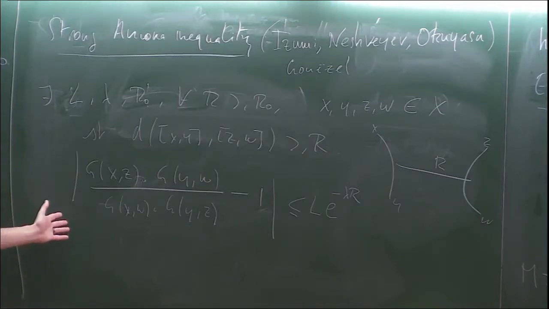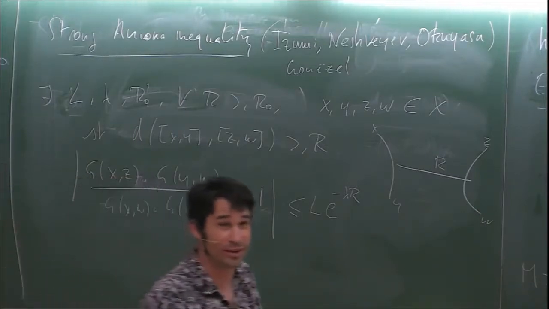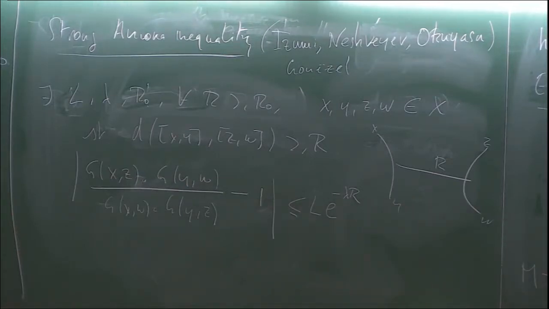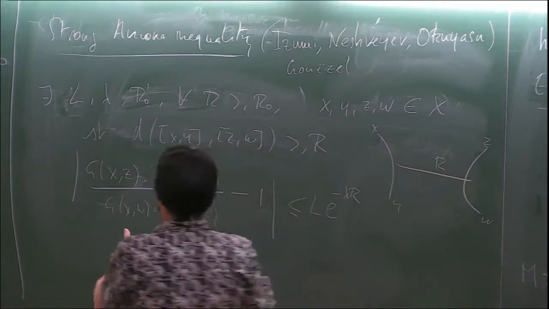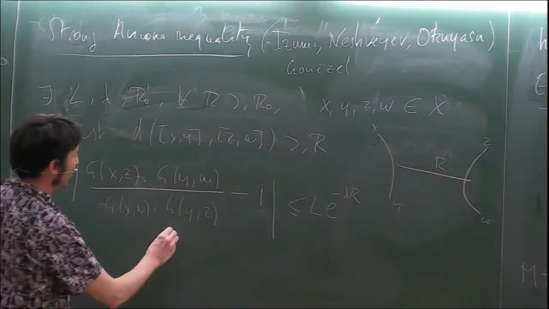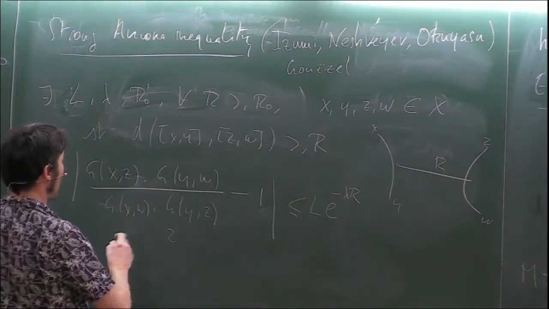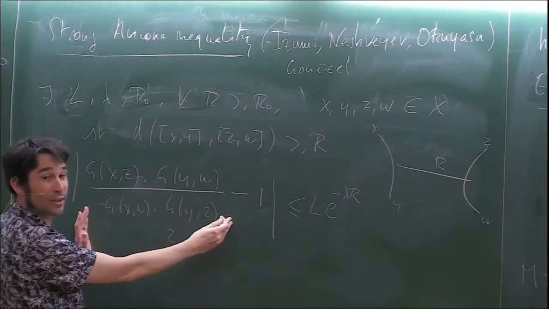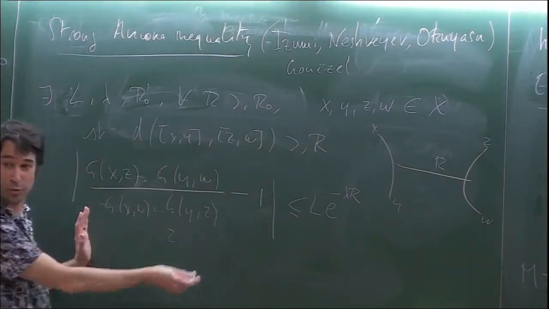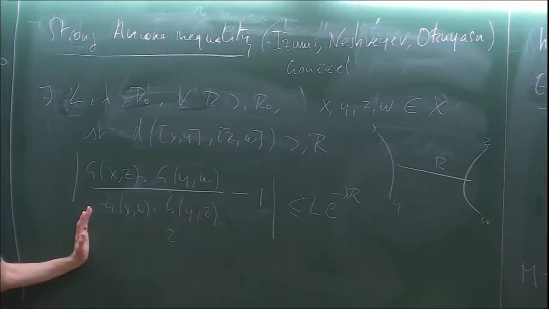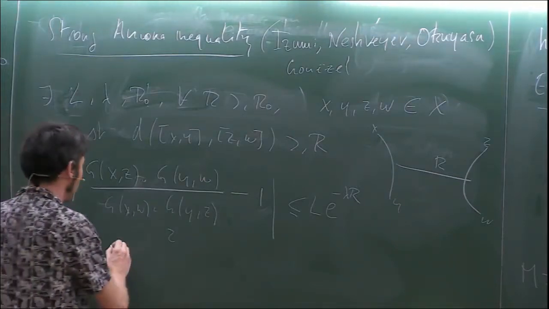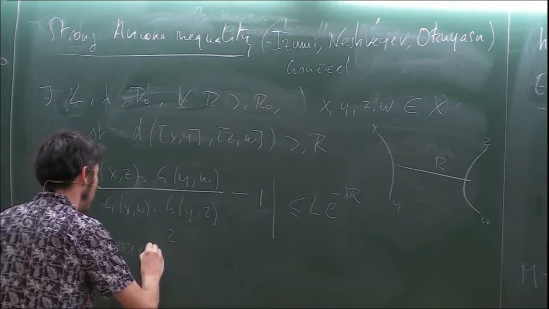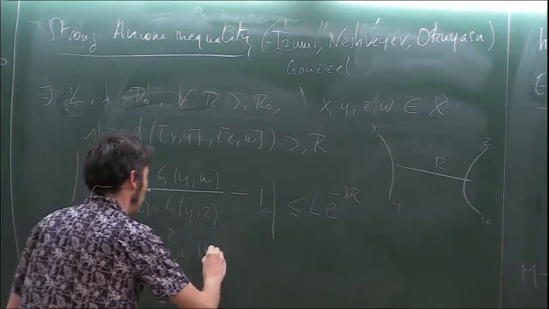This is very technical, and there's no way I can give the proof. Even reading it, I didn't find it very clear. But here, this is essentially the log of this thing, and the log of this thing is essentially the cross ratio in the Green metric.